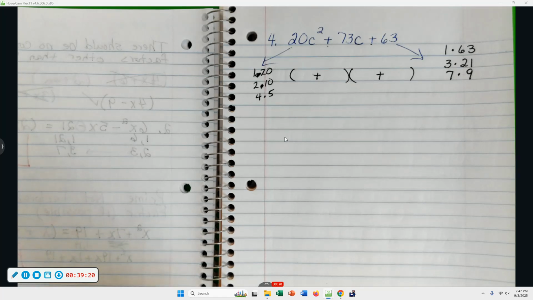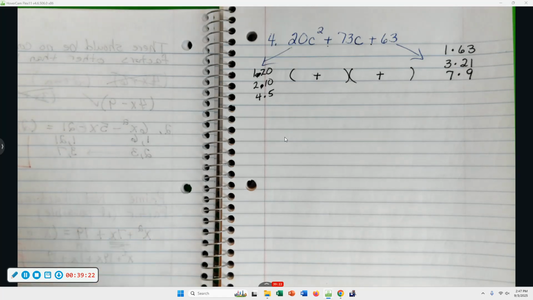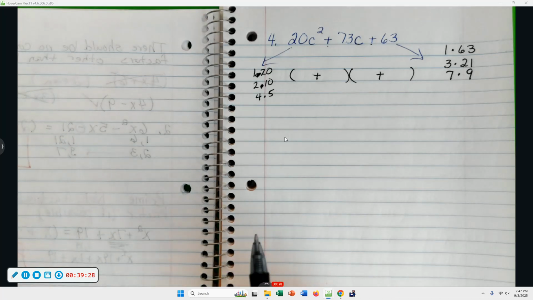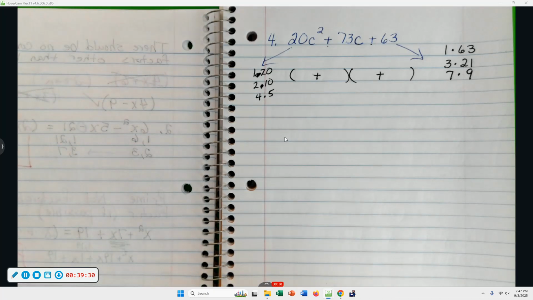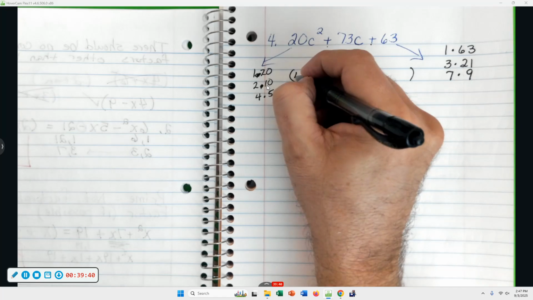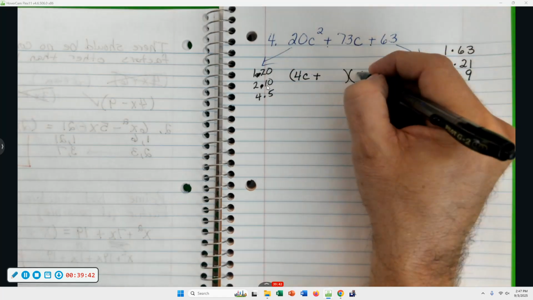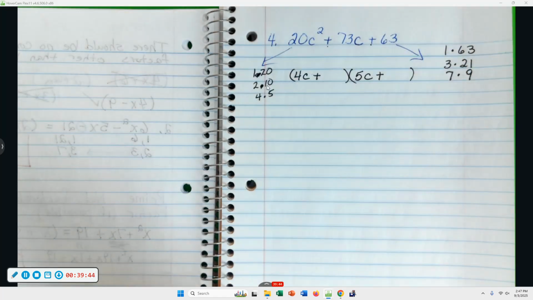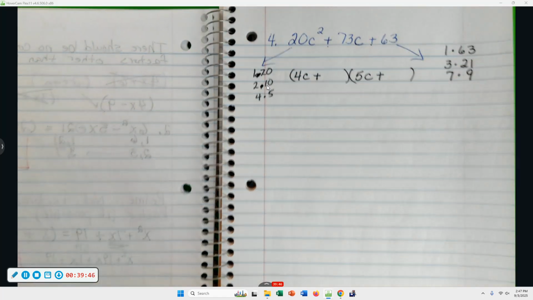Okay? What pair do you want to start with for 20c squared? Do you have a feeling of which one's going to work? If you don't, then try the closest pair. More times than not, the pairs that are closest together on the number line work. 1 and 20, 2 and 10, 4 and 5 are side by side. I'm going to try that. 4c times 5c.